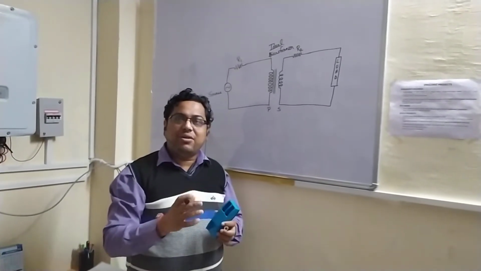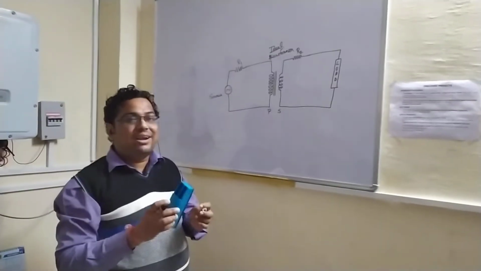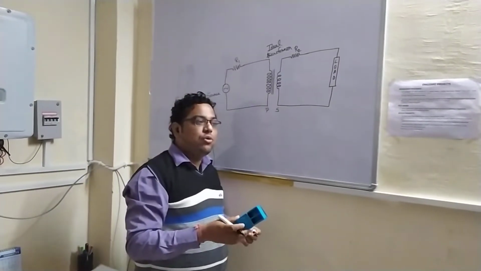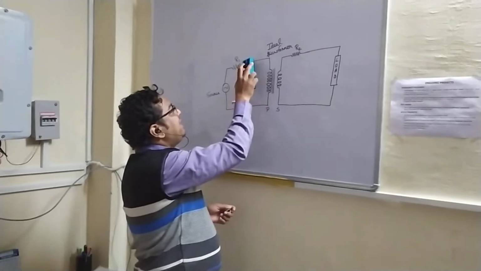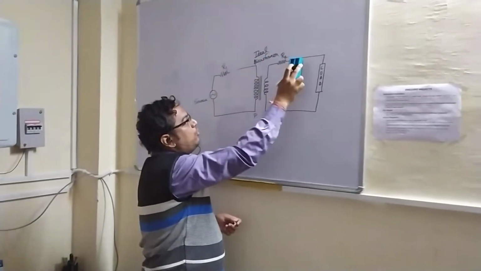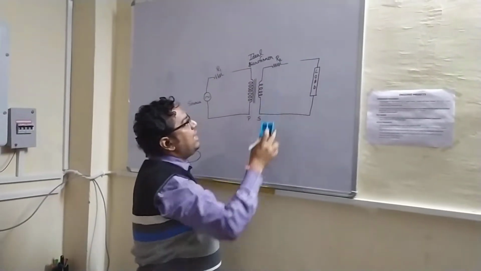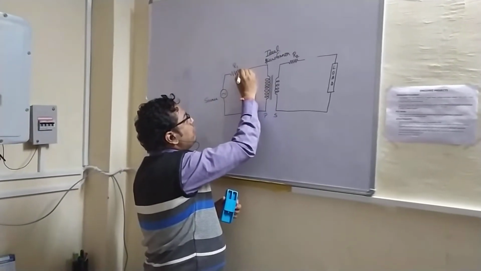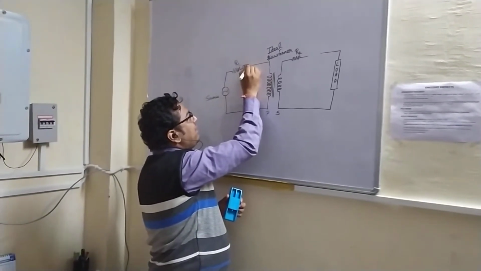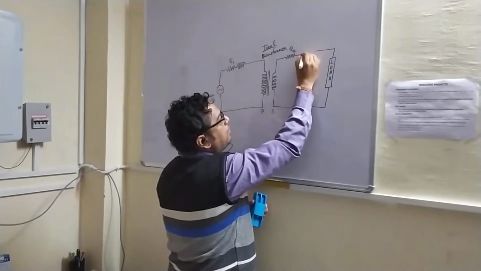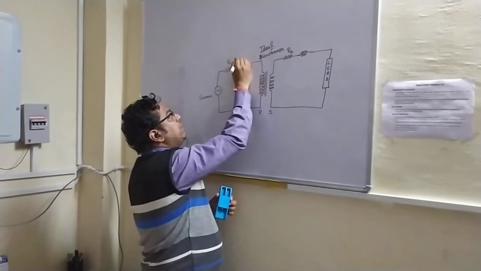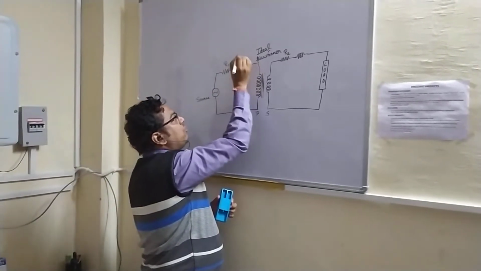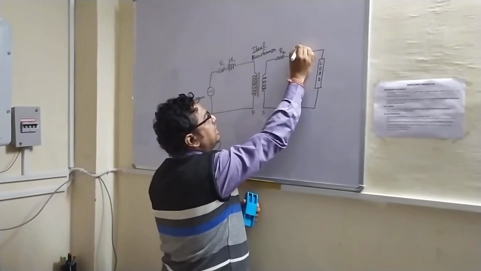To represent that flux, we generally denote it by means of a reactance that we refer to as leakage reactance. That would again be in the primary and secondary. Since it's a reactance, we are denoting it by a coil. So we are calling it jX1 and jX2.